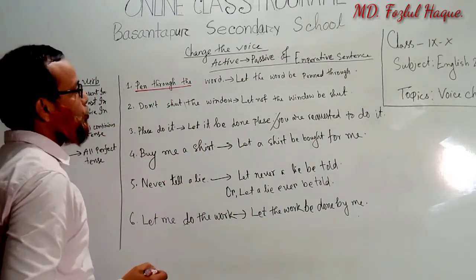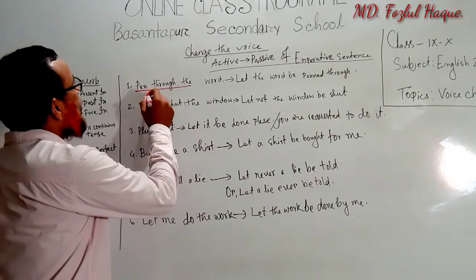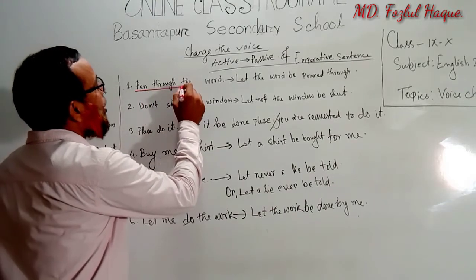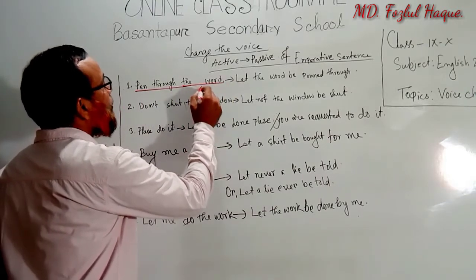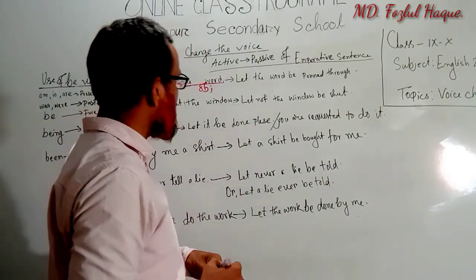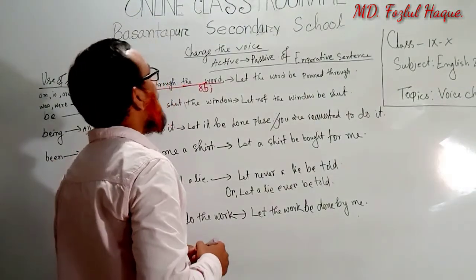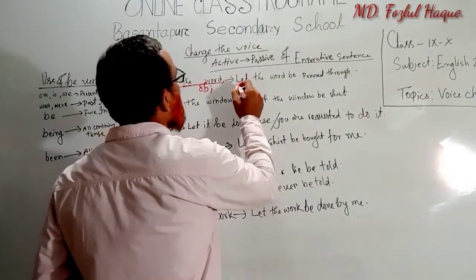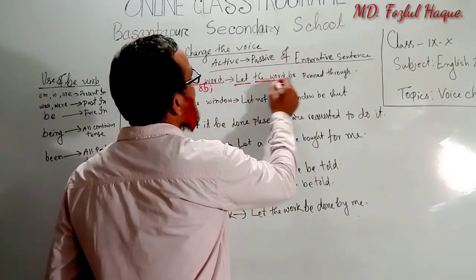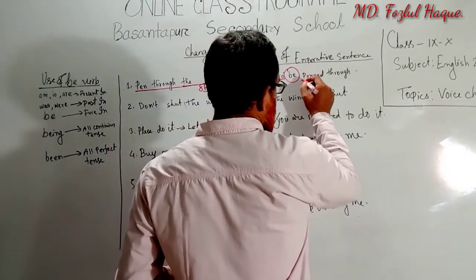Pen through the word. Here pen through is a group verb and the word is the object. So to make the passive of an imperative sentence, we need, at first, let, then the object, then the be verb, then the verb in past participle.